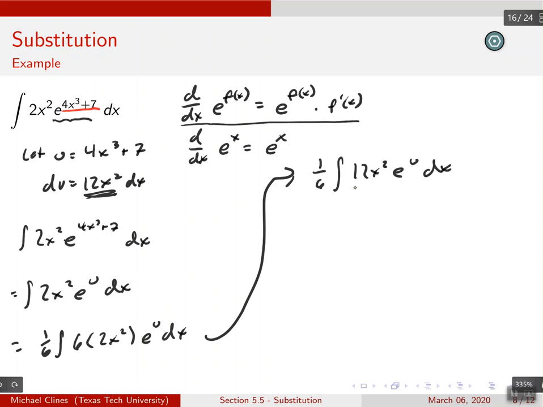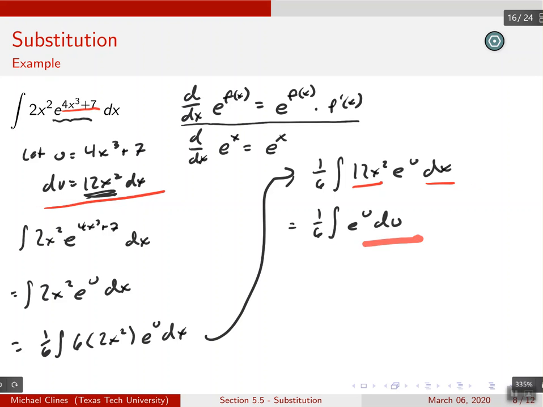And right here, 12x squared times dx, that's exactly what I need for my du. So I can rewrite 1/6 the integral of 12x squared e to the u dx as 1/6 the integral of e to the u times du. Because du is equal to 12x squared dx, and here I have my 12x squared dx.